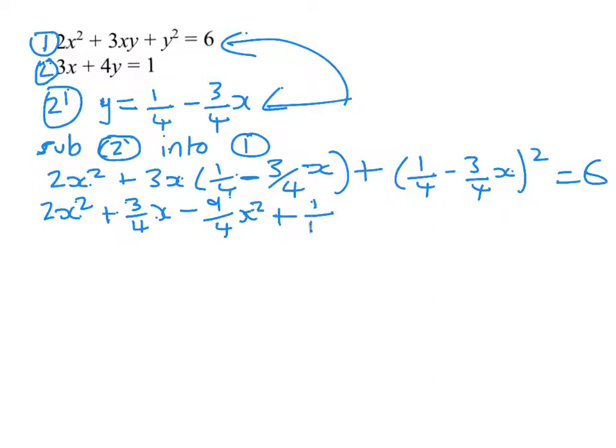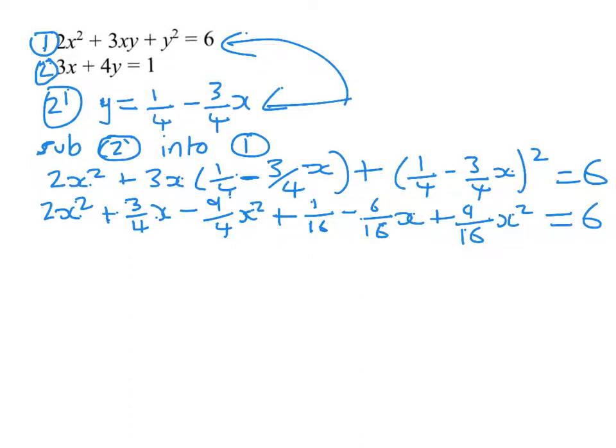I get 1/16 minus 6/16 x plus 9/16 x squared, and that all equals 6. Right, now that doesn't look very nice, does it? So this is something that you would take a lot of time on. Be very careful with each step.